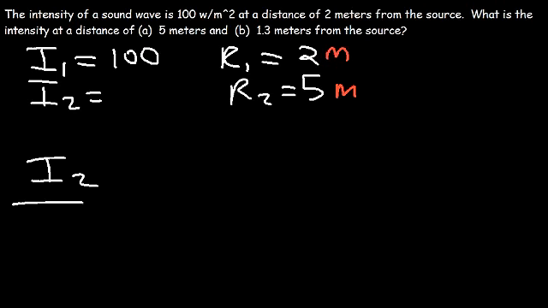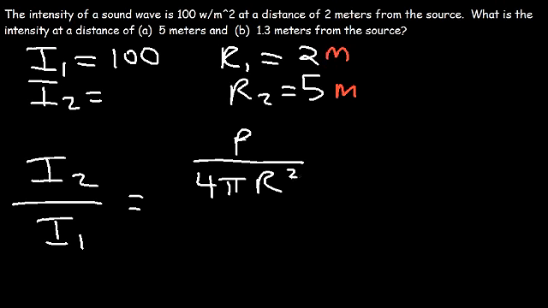So let's divide I2 by I1. The intensity is power divided by area. Now, because the source is the same, the power emitted by the source is the same. However, the distance from the source is different. So I'm going to put a subscript of 2 to show that it's associated with I2.